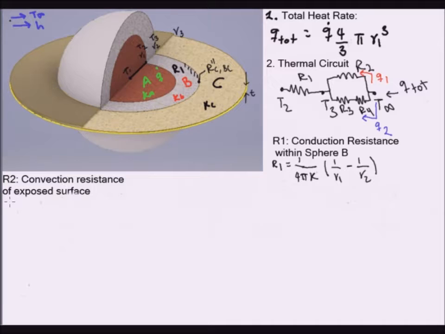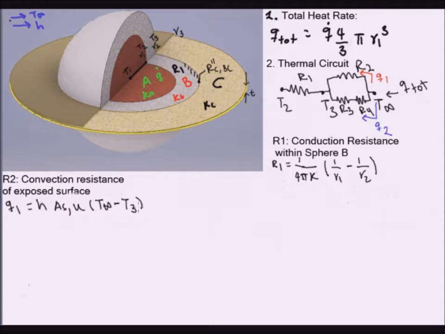So if we write it down here, it would be Q1 going through the exposed surface: Q1 equals h, the heat transfer coefficient, times the surface area that is exposed, let's label it as A_s,u, like uncovered, surface area uncovered, and that will be multiplied by the temperature difference, or the excess temperature, which is T infinity minus T3, right?